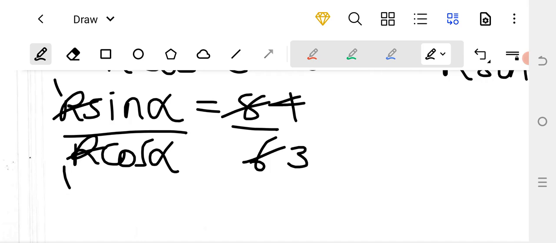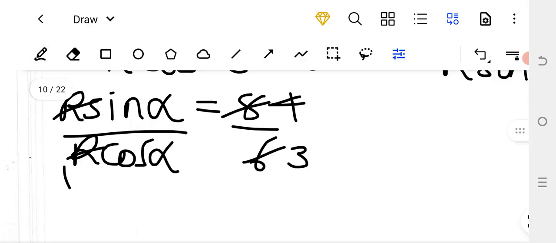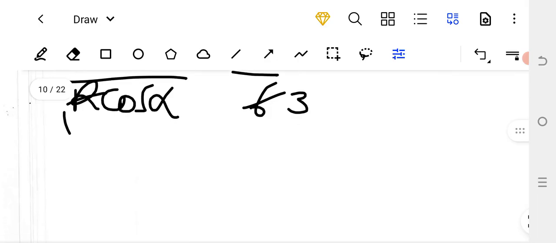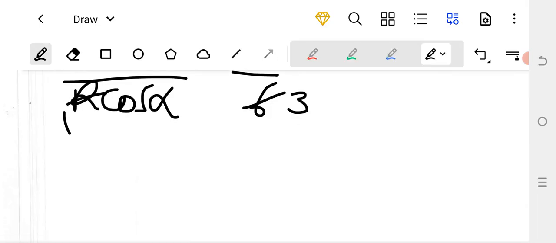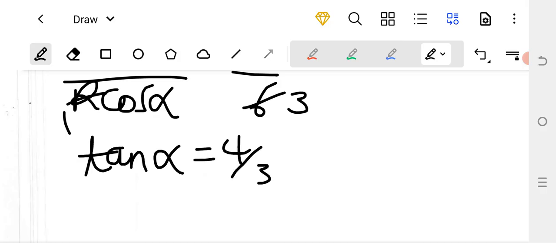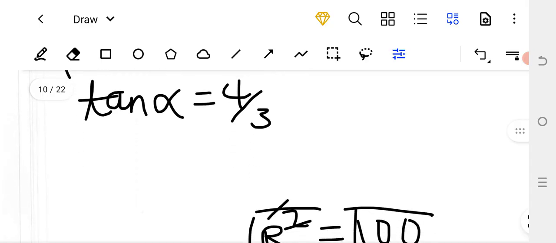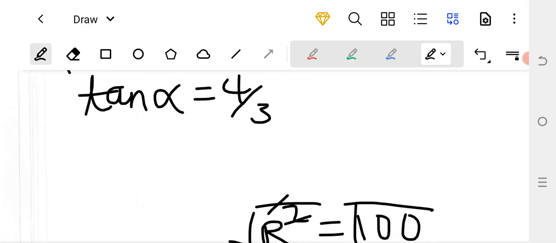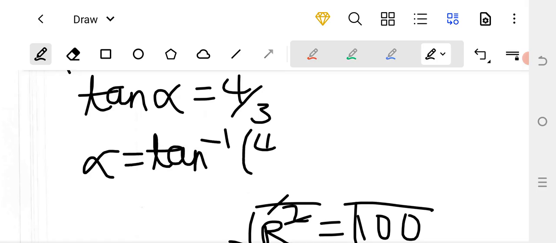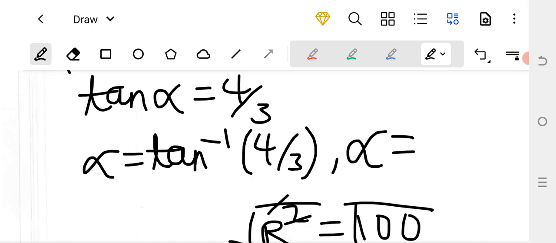Now when you're dividing sine alpha by cos alpha or sine theta by cos theta, that is an identity. It will give you tan alpha is equal to 4 over 3.